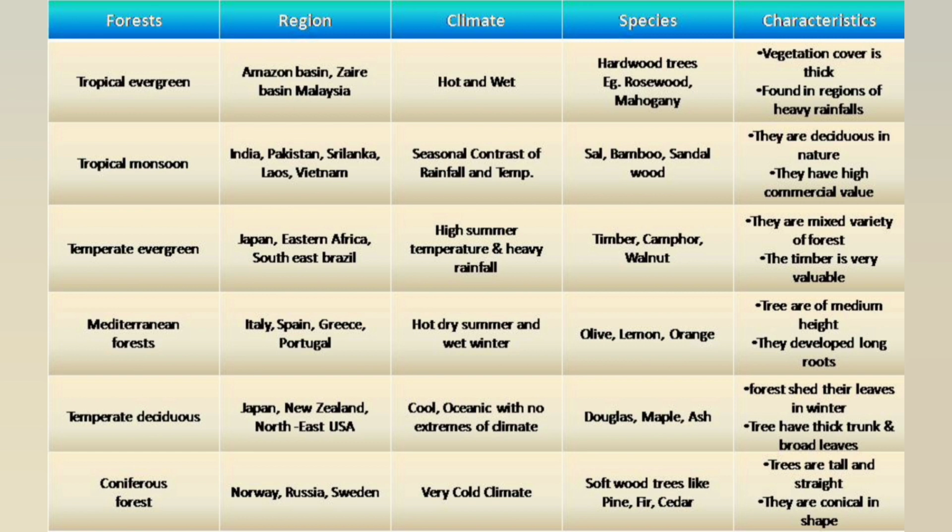The third one is temperate evergreen forest. These are luxurious forests that are mixed forests with broad-leaved hardwood trees, deciduous trees, and shrubby undergrowth with coniferous trees. Again, regions and species you can refer to in the chart. Then the fourth category is Mediterranean forest.